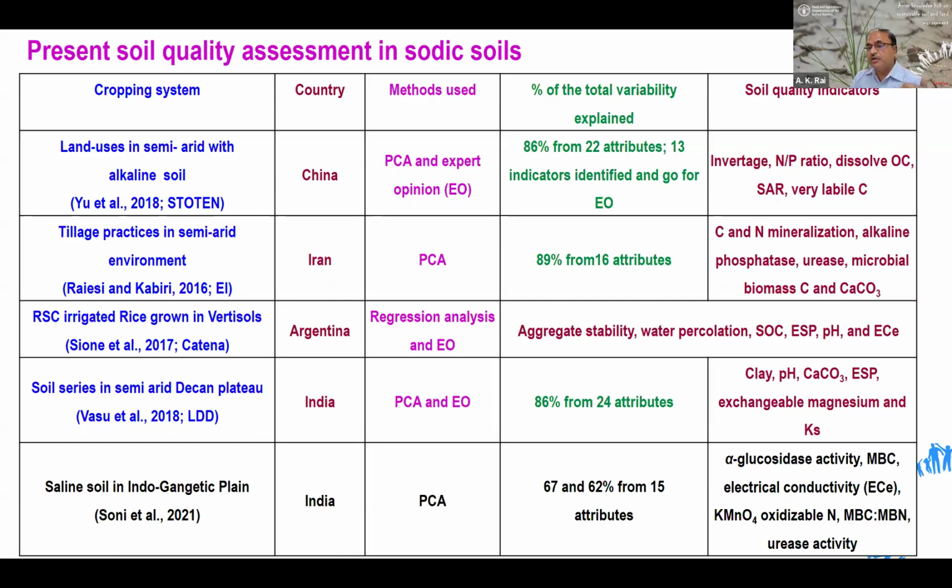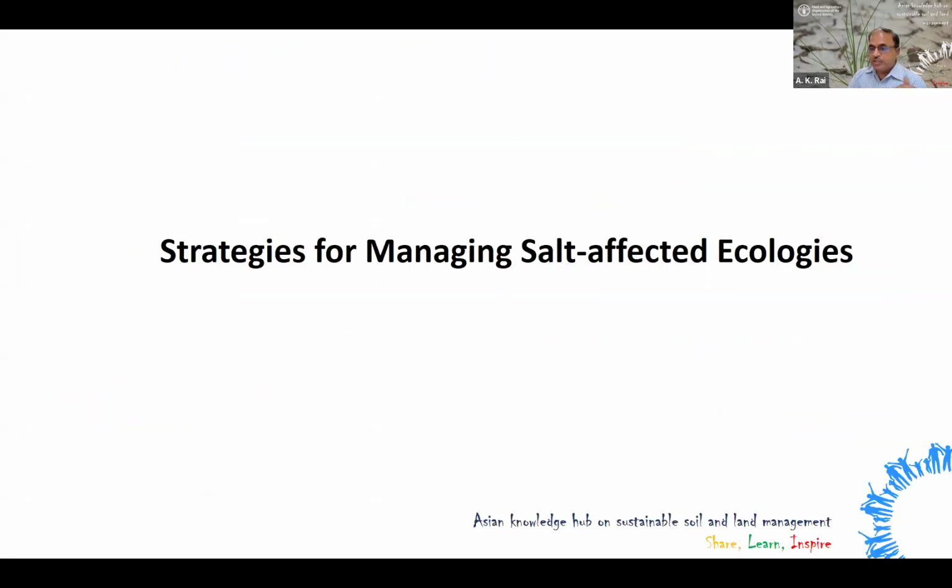It will be very difficult to monitor as well as measure. So there is a need for working on these issues, so that we can come up with an agreeable soil quality index for prioritization of the treatment area or the reclamation plan for a particular region or state. So this is one issue that we have highlighted.